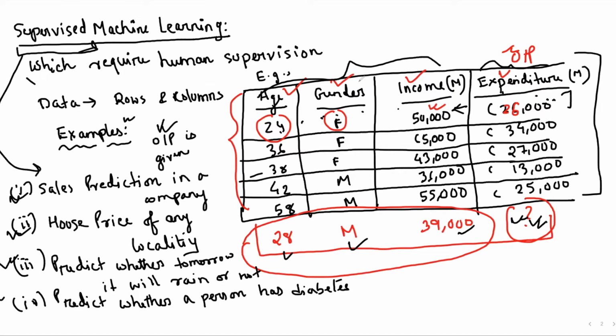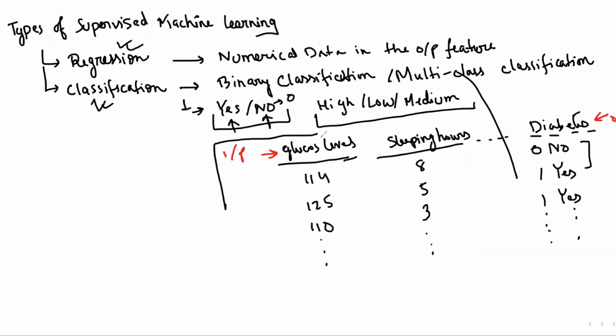Input features are also known as independent features. The output feature is also known as the dependent feature or target variable. Ultimately, these are all variables, so you can name them features or variables: input features or input variables, target feature or target variable. In the case of classification, these are also known as labels.